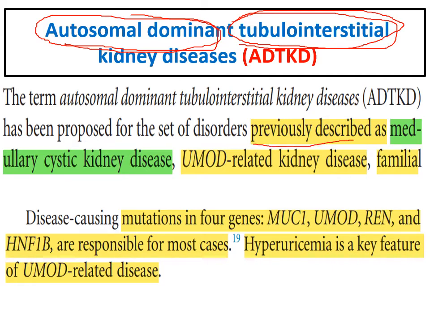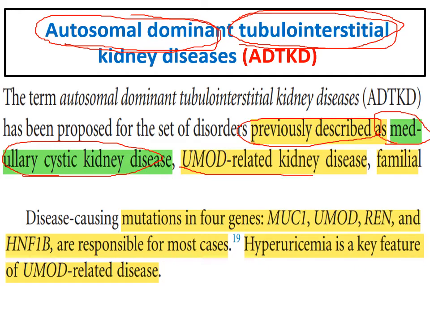It has been described for a long time as medullary cystic kidney disease, which is a famous name. So autosomal dominant tubulointerstitial kidney disease was previously described as medullary cystic kidney disease, and also has a new name, uromodulin related kidney disease. Take care of that.